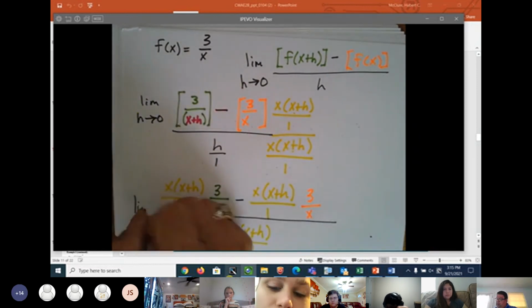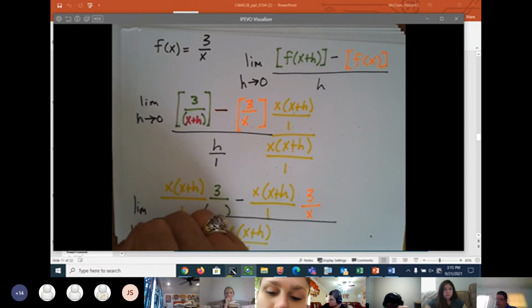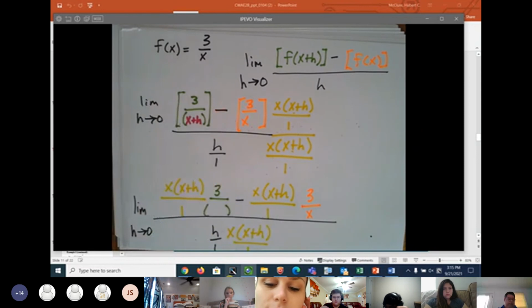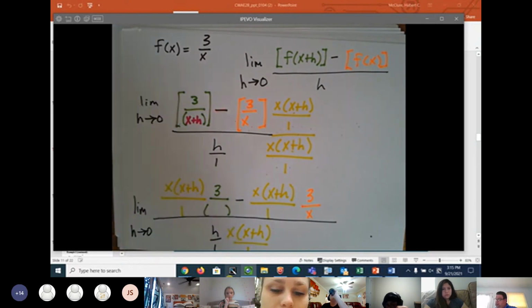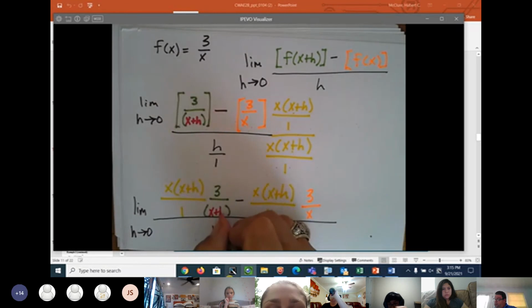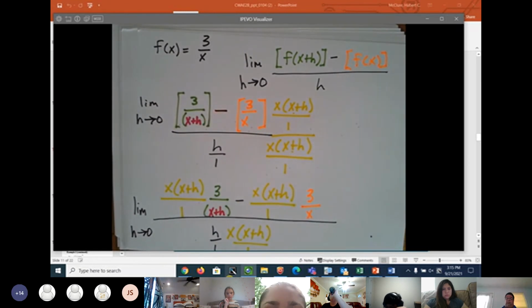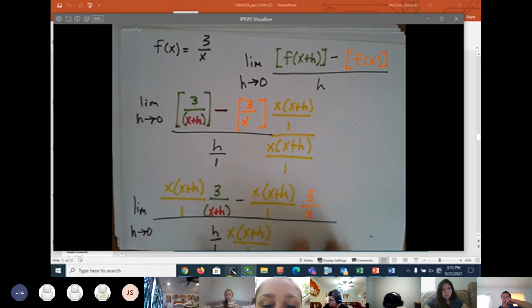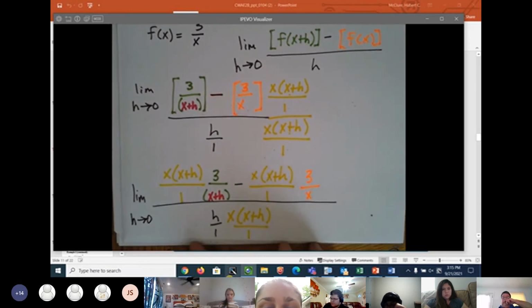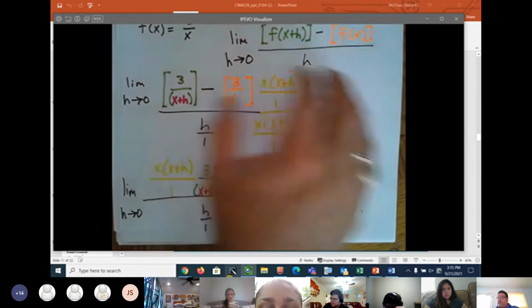Limit as h approaches 0. And the x plus h goes right there. And that's called a complex rational expression. You should have done them in Algebra 2.